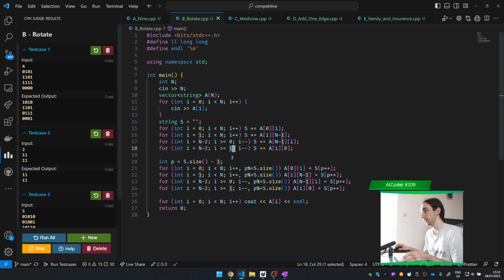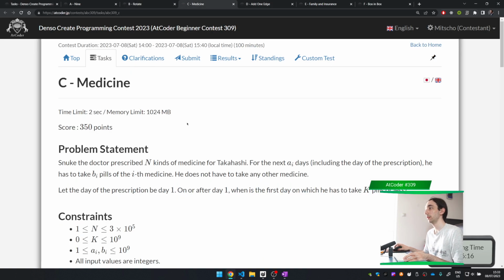Here I had this mistake of overriding this to 0 here. You don't want to, because here you start from 0, here you want to end at 1, and here as well. Not n minus 1, but n minus 2, because the last element is included in this for loop. But all in all, pretty straightforward.